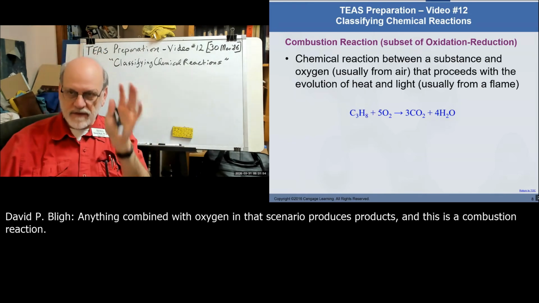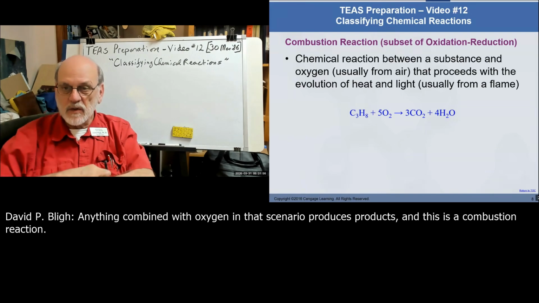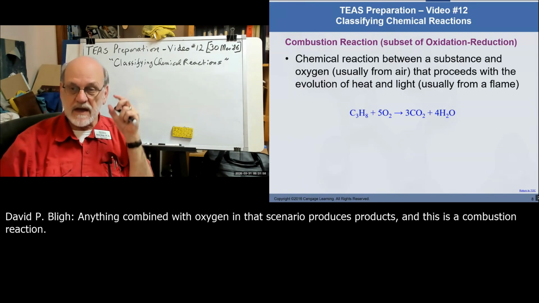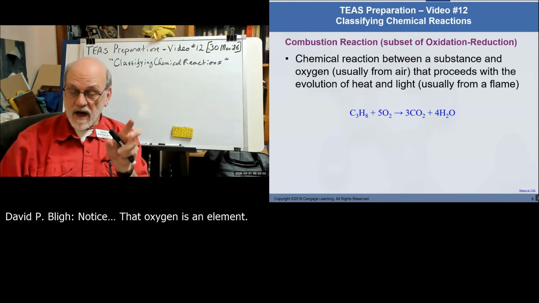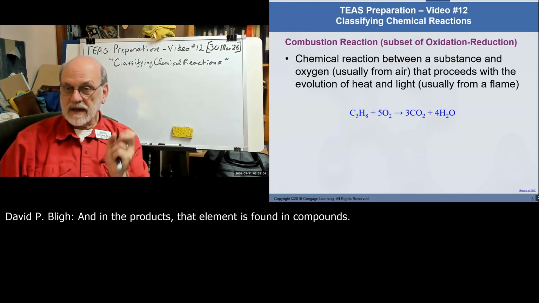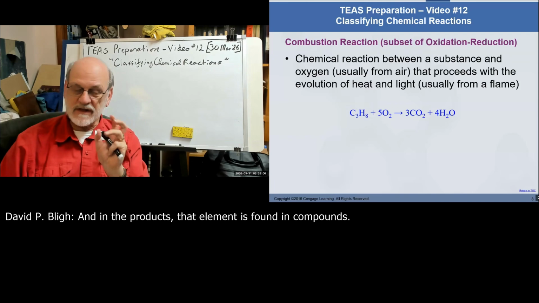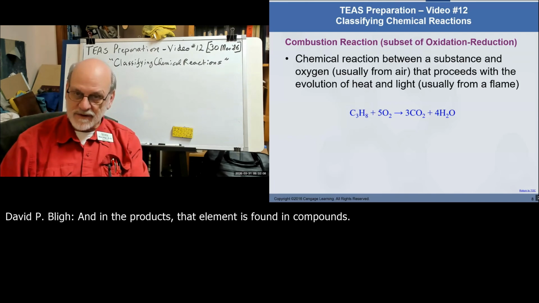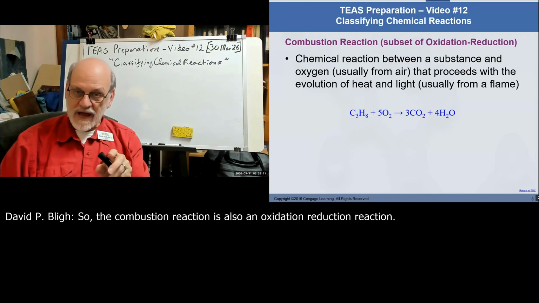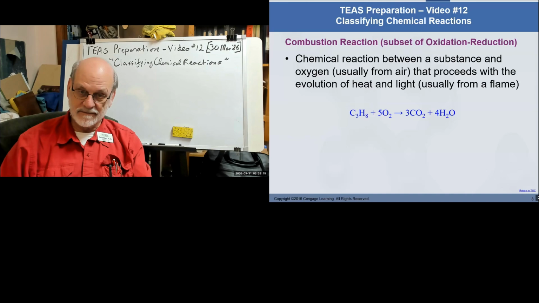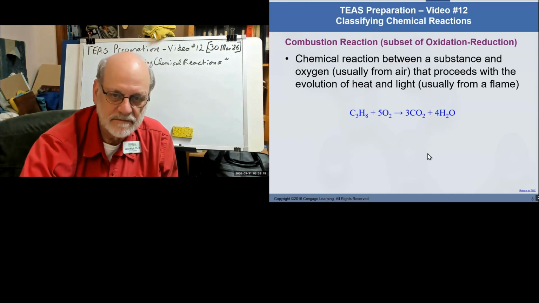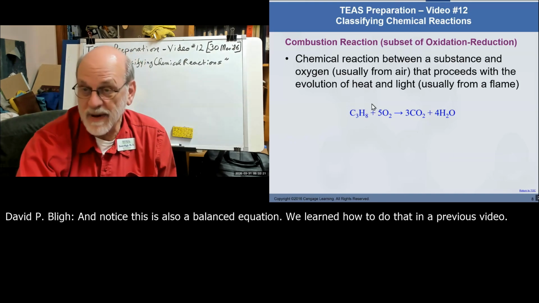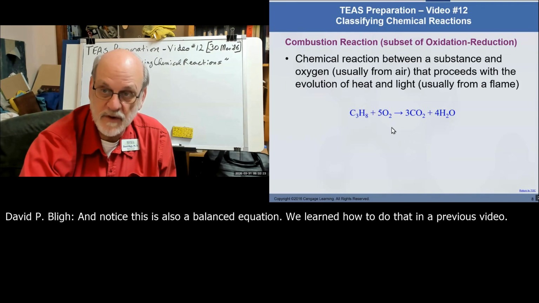Anything combined with oxygen in that scenario produces products, and this is a combustion reaction. Notice that oxygen is an element, and in the products, that element is found in compounds. So the combustion reaction is also an oxidation reduction reaction. And notice this is also a balanced equation. We learned how to do that in a previous video.